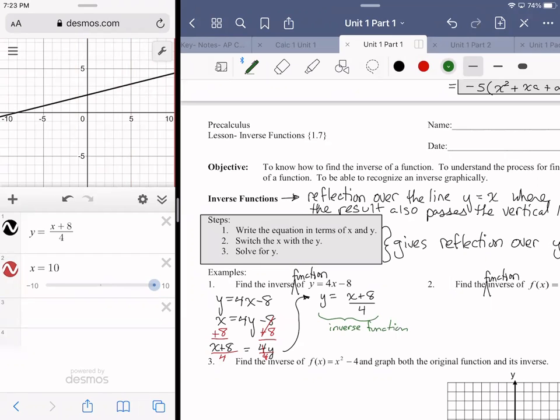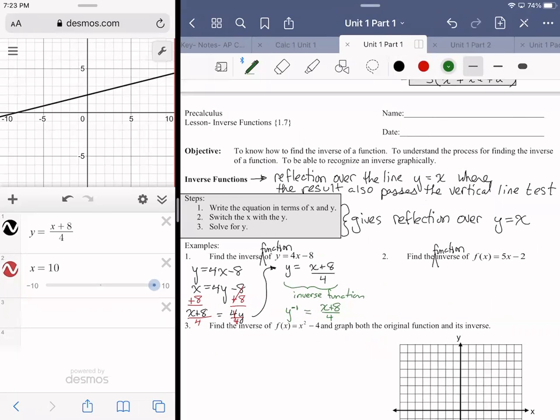So we would denote it with a little inverse symbol. Inverse symbol is, for whatever reason, a power of -1. All right, so we'd say y with a little power of -1, which can be confusing because that notation also means the reciprocal of y.